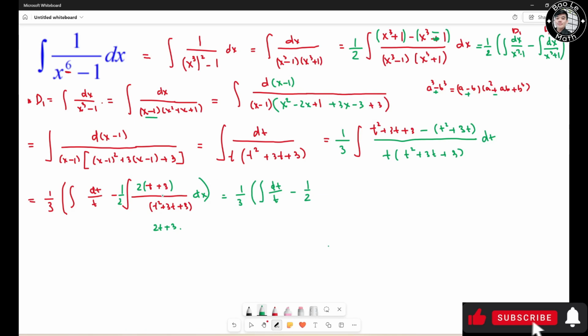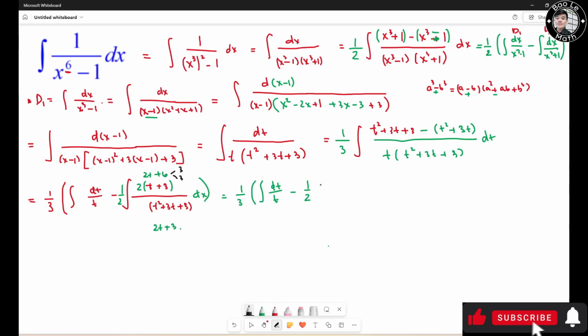Now this one right here, I just split. If I take the derivative of the bottom, it turns out to be 2t plus 3. Now if I multiply the top, it turns out to be 2t plus 6. So the 6 right here, I can split into 3 plus 3, right?